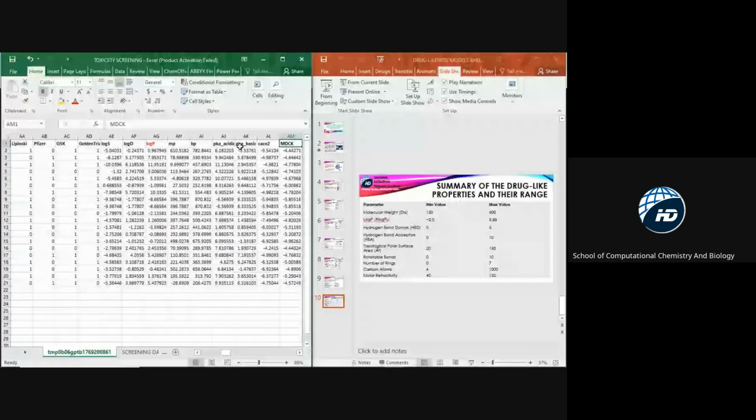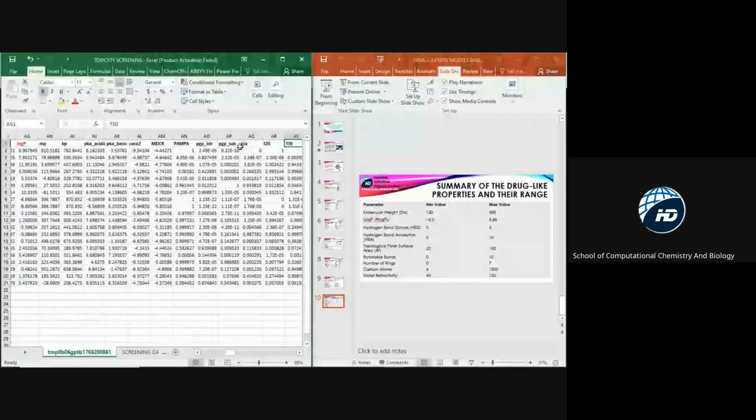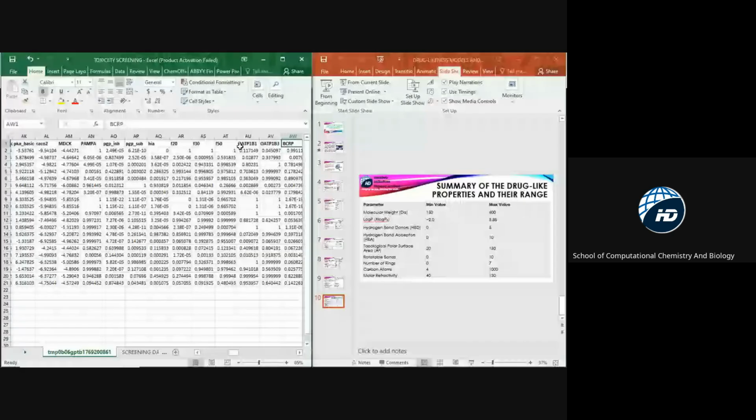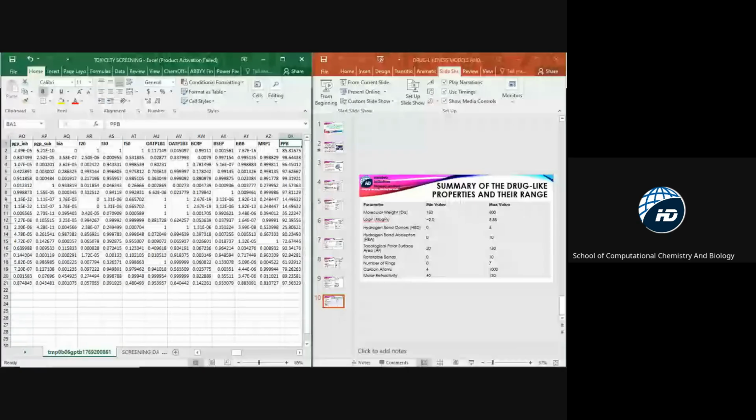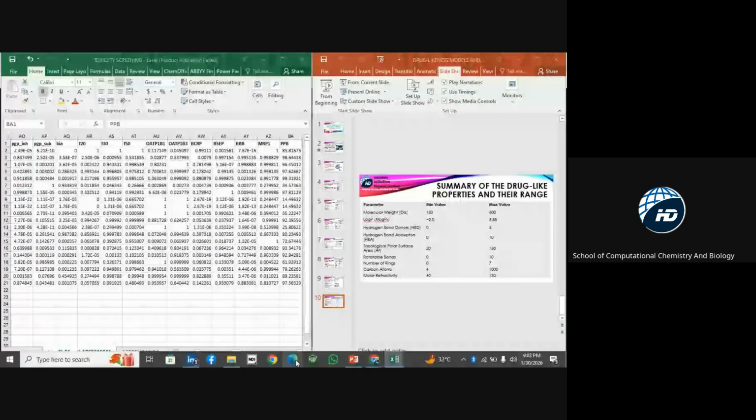Boiling point, melting point. Just to know what is molar refractivity in ADMET. Okay, I will just have to go back to ADMET, so I can easily get the molar refractivity from there.